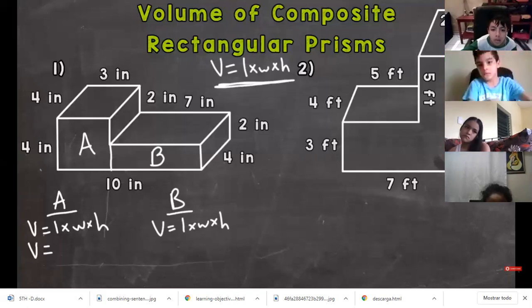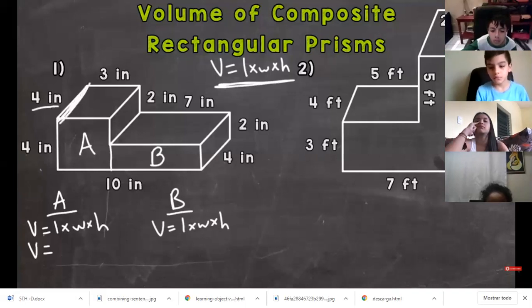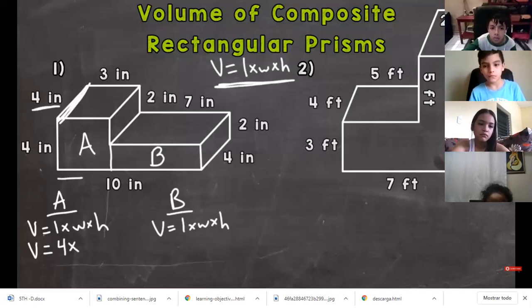That's going to be 4 inches, times how wide is A? A goes from there to there.